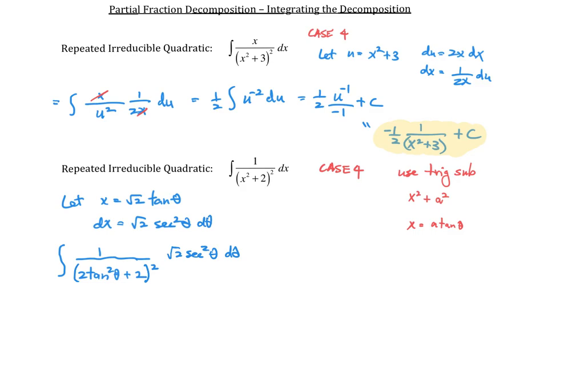The first thing I can do is factor out a rad 2 from the top, and from the denominator I could factor out a 2 squared, and then I'll have a tan squared theta plus 1. And on the numerator here, I'm going to have secant squared theta, and then I'll leave the d theta off to the side.